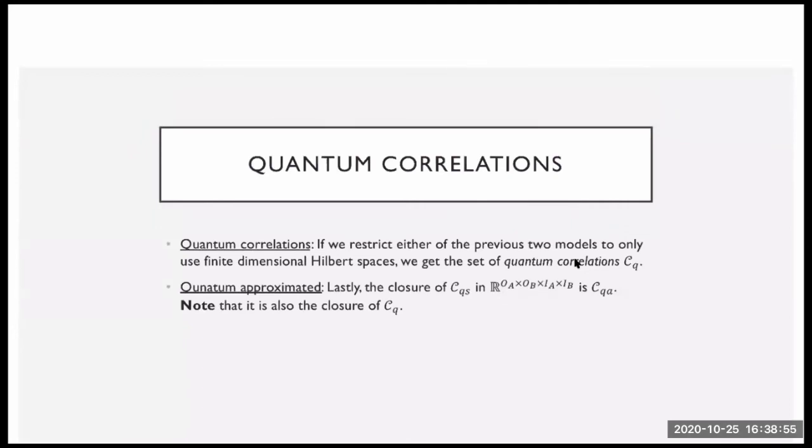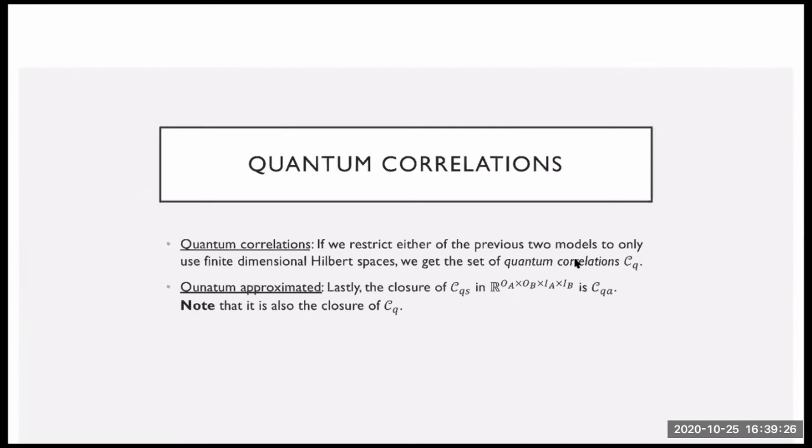Now the last correlation set that I want to talk about is what's called the quantum approximated. Usually when we play a game, we think of the best way to play this game. What is the best way to play a game? It's just a supremum over the set of all possible correlations that we think we need.